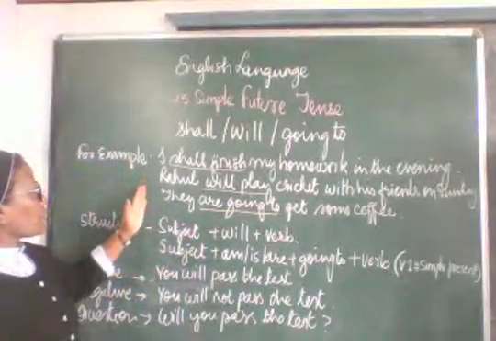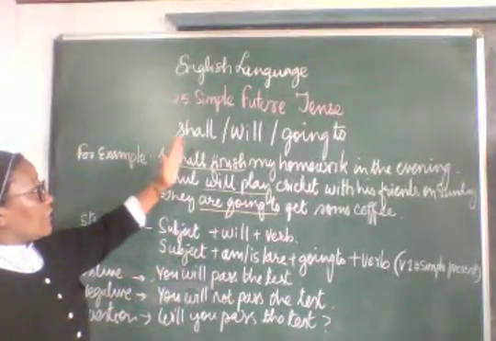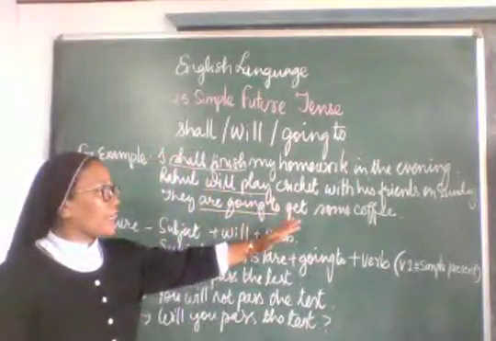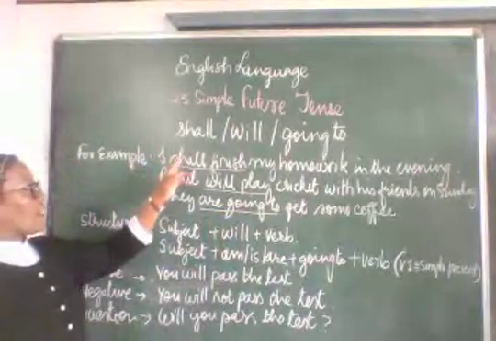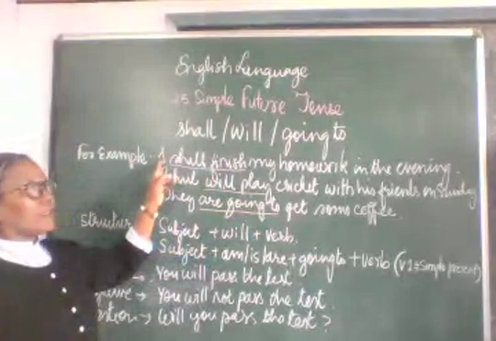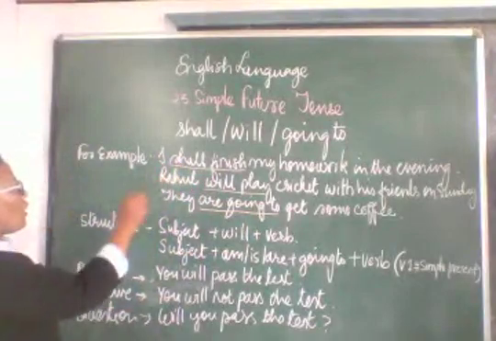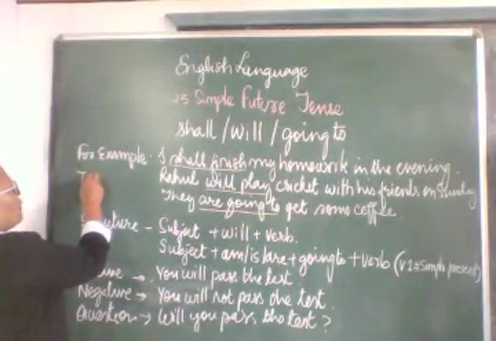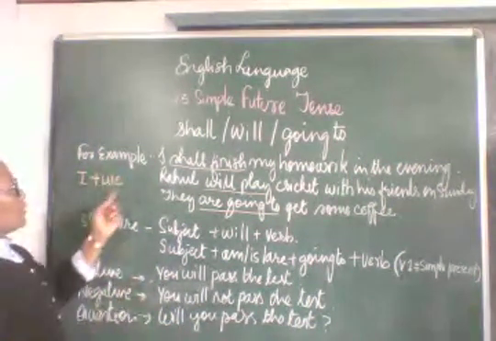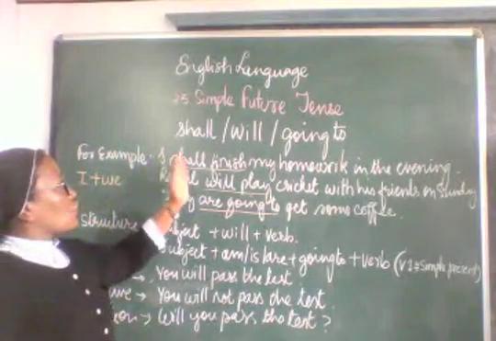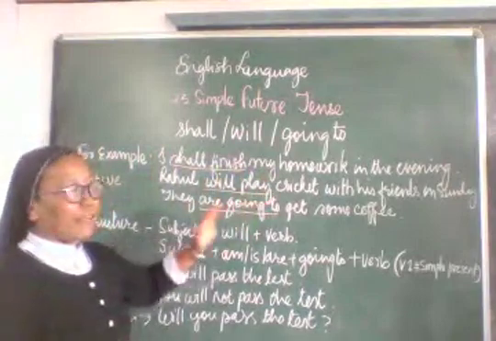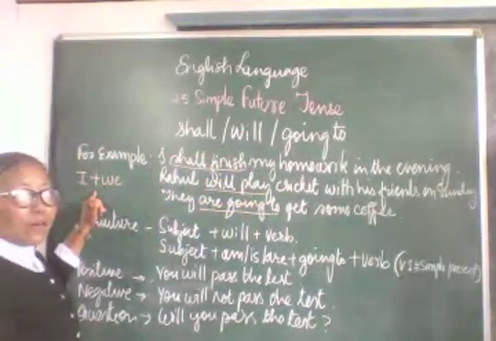See now, I shall finish, Rahul will play, they are going to get some coffee. Now what do you see here? I have used shall, will, and going to here. With shall, I can use it for I, and for we. I shall finish my homework in the evening, or we shall finish our homework in the evening, with the first person singular or plural.